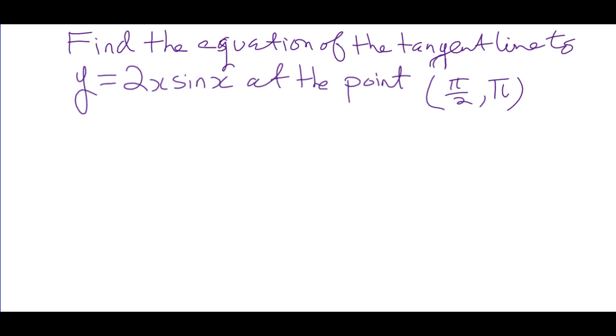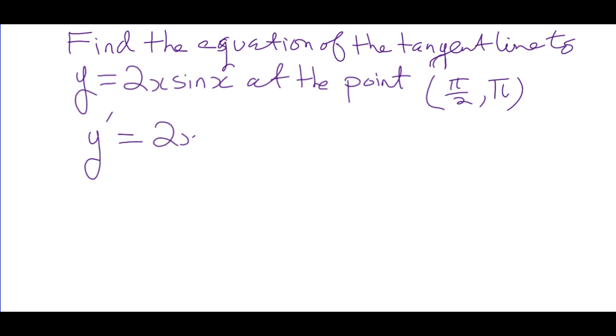What do we need? We need a derivative because we need a slope. And what's the slope? It's the derivative. So let's find the derivative. Well, looks like product rule, right? We've got a product, 2x times sine x.